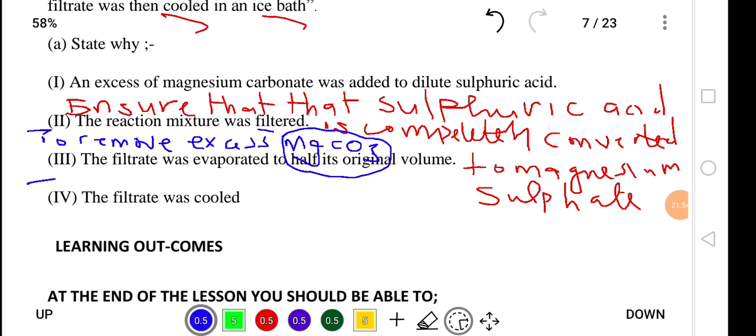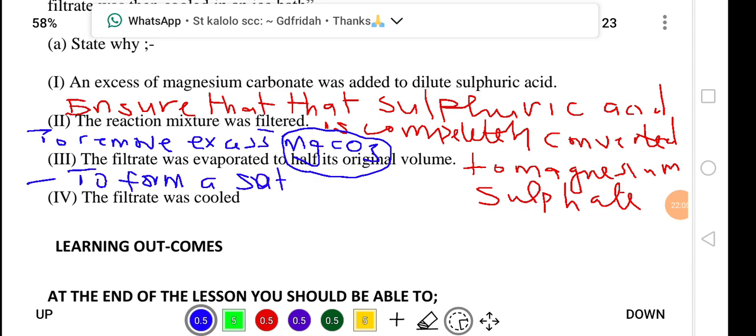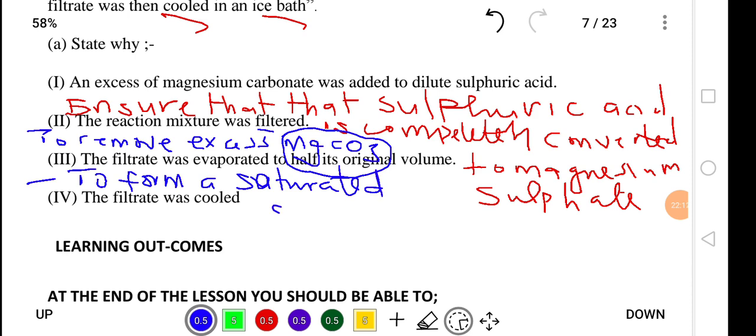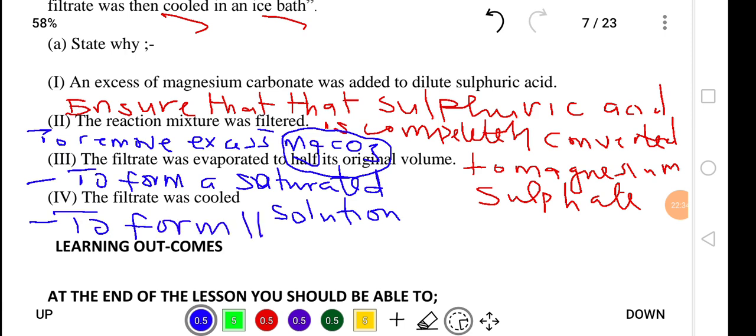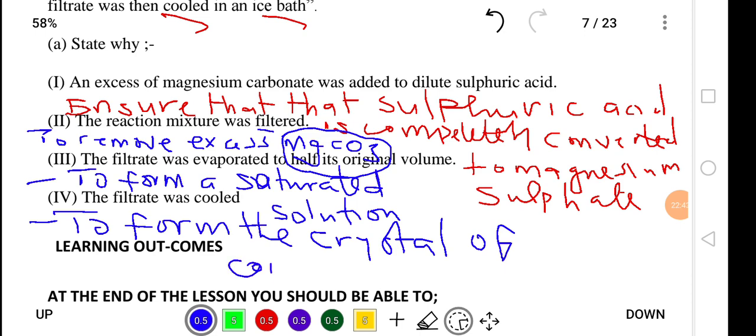In order to form a saturated solution, the filtrate was cooled to form the crystals of magnesium sulfate.